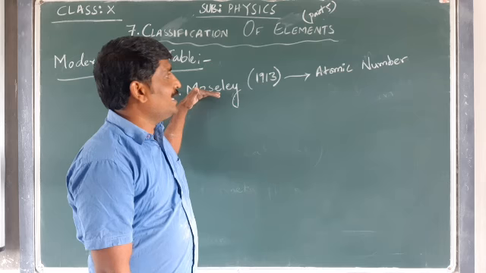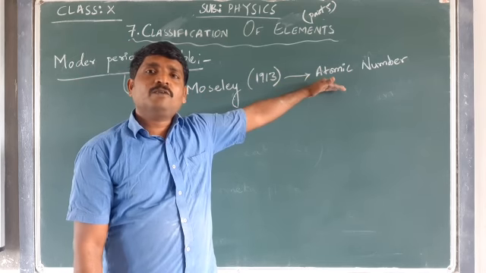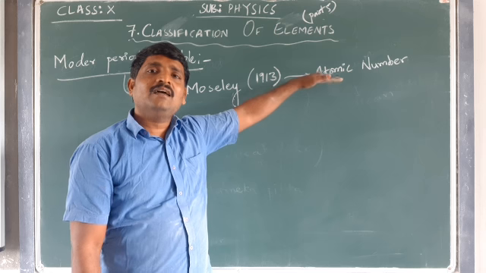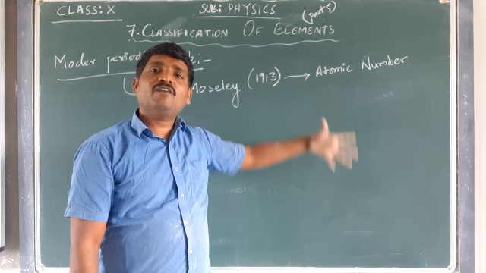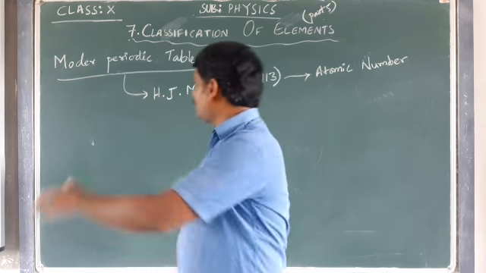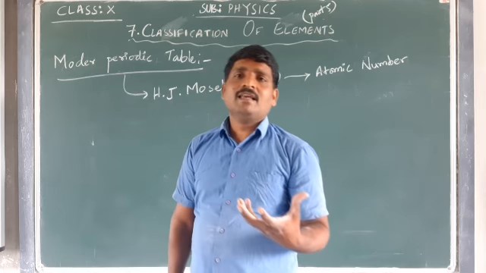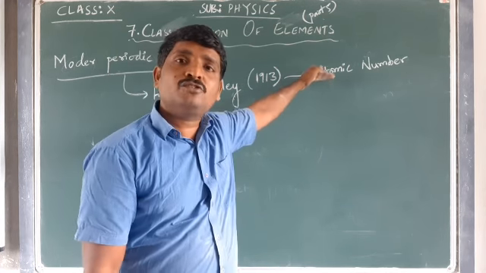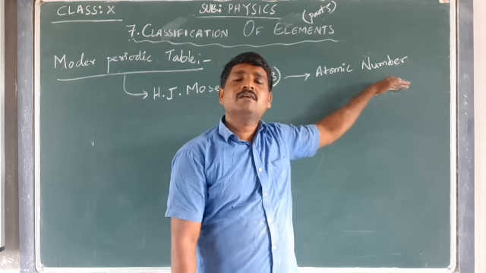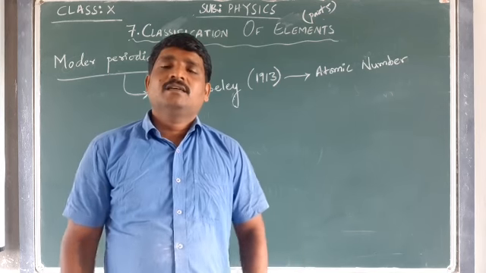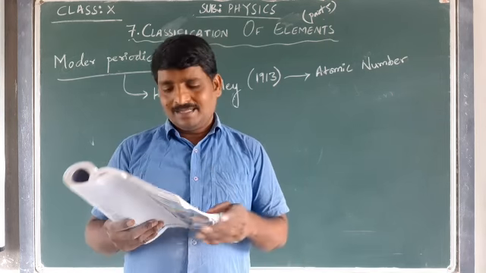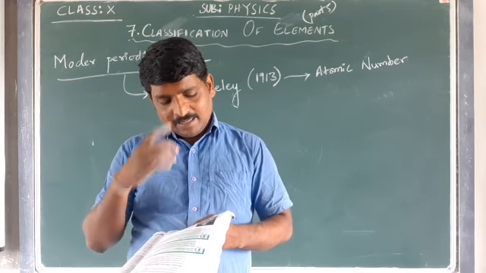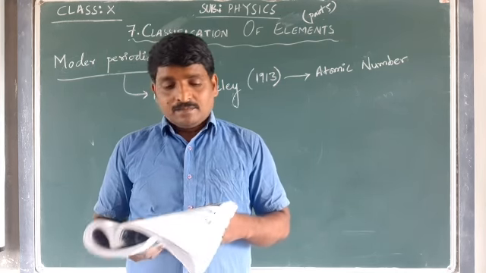What made Moseley focus on the atomic numbers instead of atomic weights? All these scientists were discussing the arrangement based on atomic weights. What made Moseley choose the atomic numbers of the elements to arrange them in a proper order? That small reading session is available on page number 130.